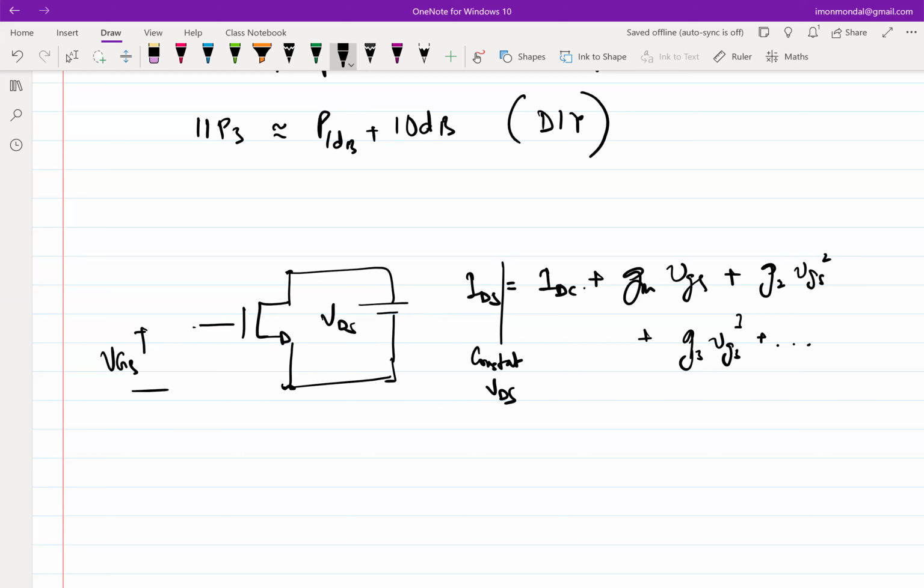Make VGS small, okay, you mean incremental VGS small. But let's say I do not want to make incremental VGS small, because that comes from the input, right?